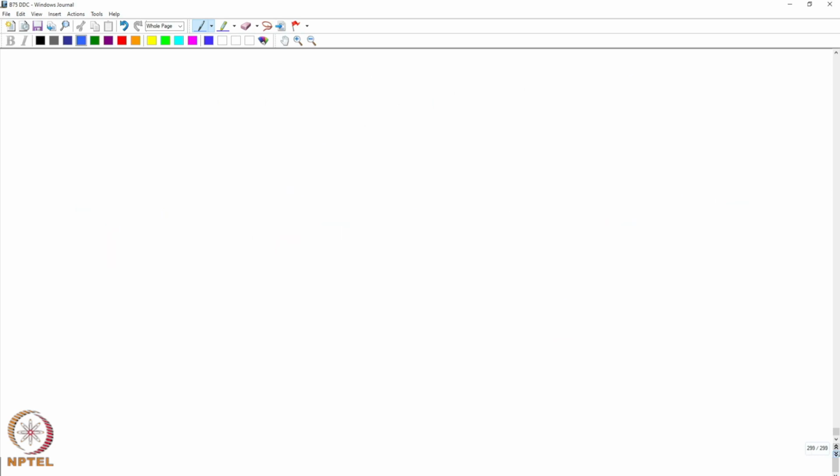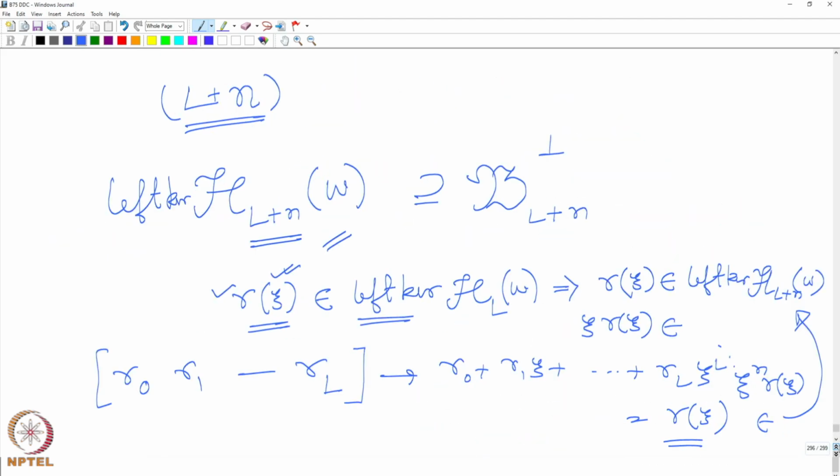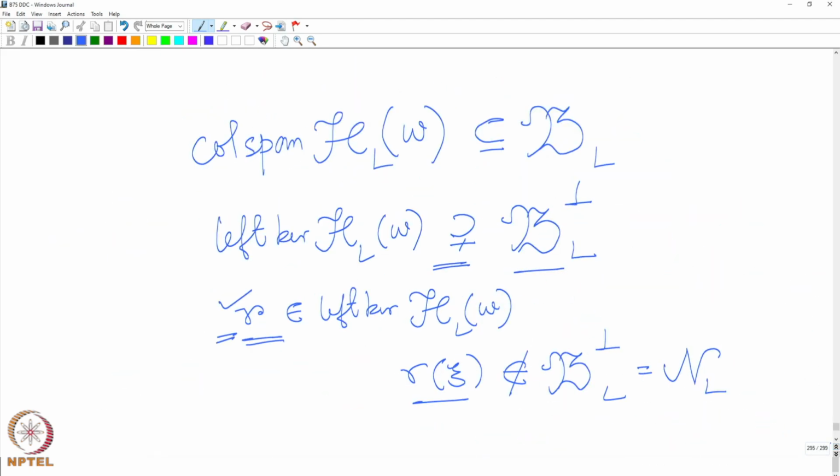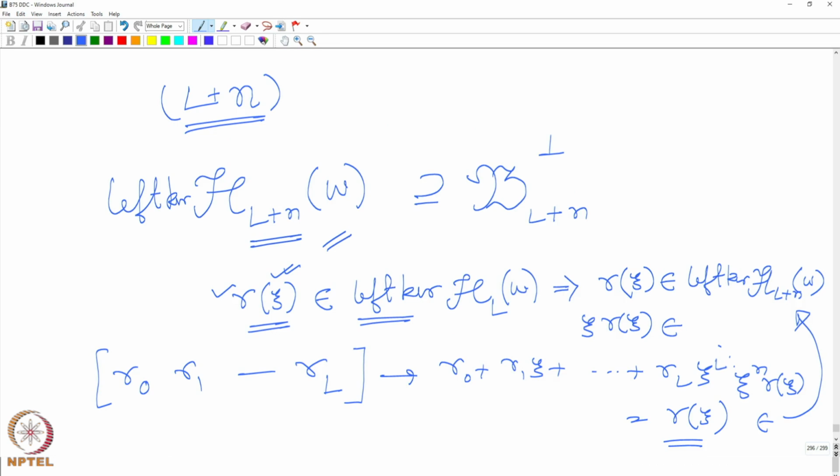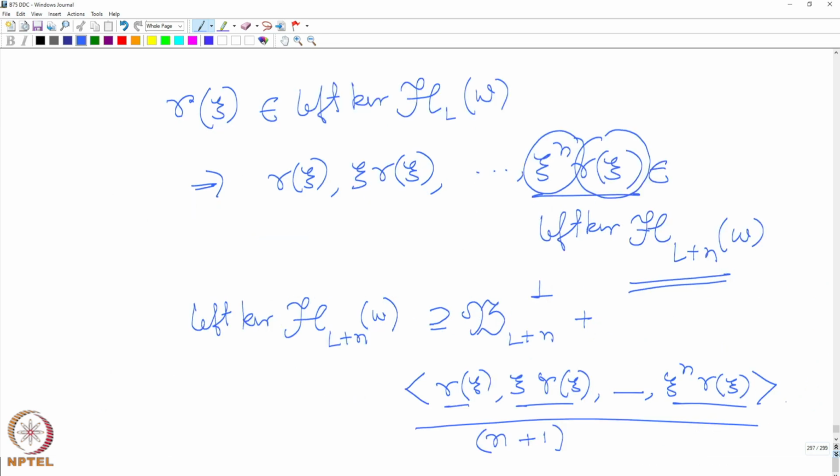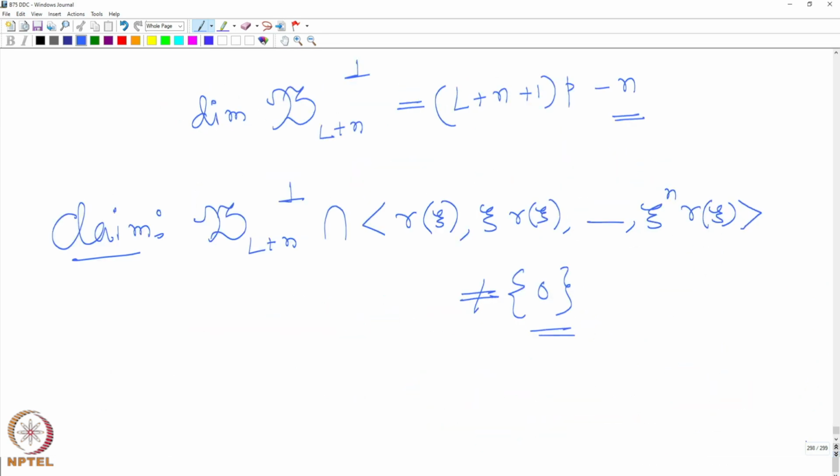We said that under this claim we actually get a contradiction to the fact that r xi belongs to this, but r xi does not belong to this. We get a statement which is contradictory to this one, provided the claim is true. That is what we proved in the last lecture. If the claim is true, then we reach a contradiction.